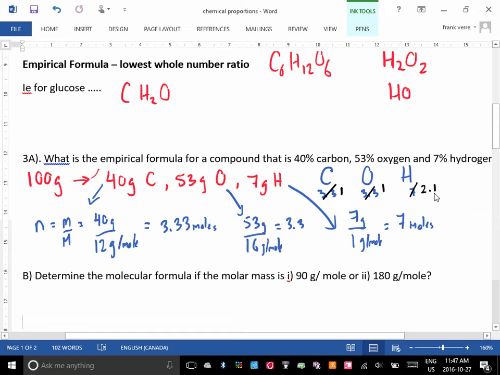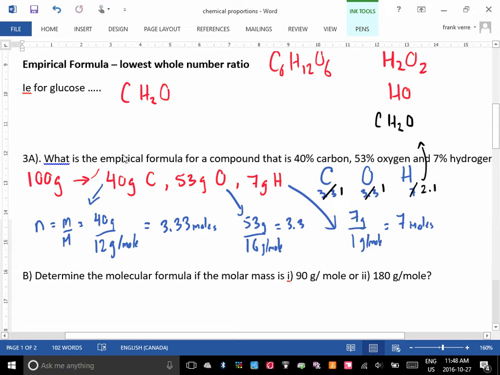So it looks like the empirical formula would be, now, when you're doing anything with carbon, oxygen, and hydrogen, you should write the carbon first, the hydrogen second, and the oxygen third. So the empirical formula then would be CH2O, which is the same as the empirical formula for glucose.